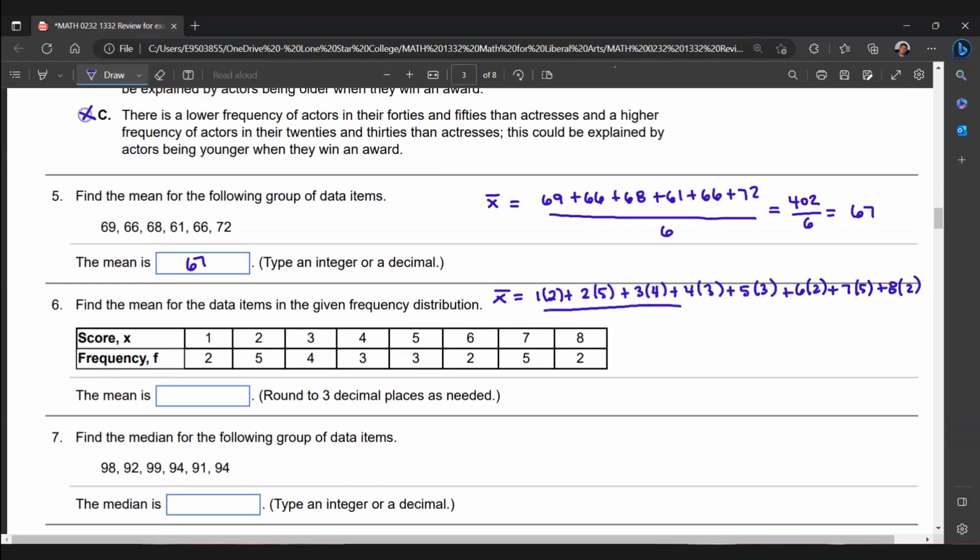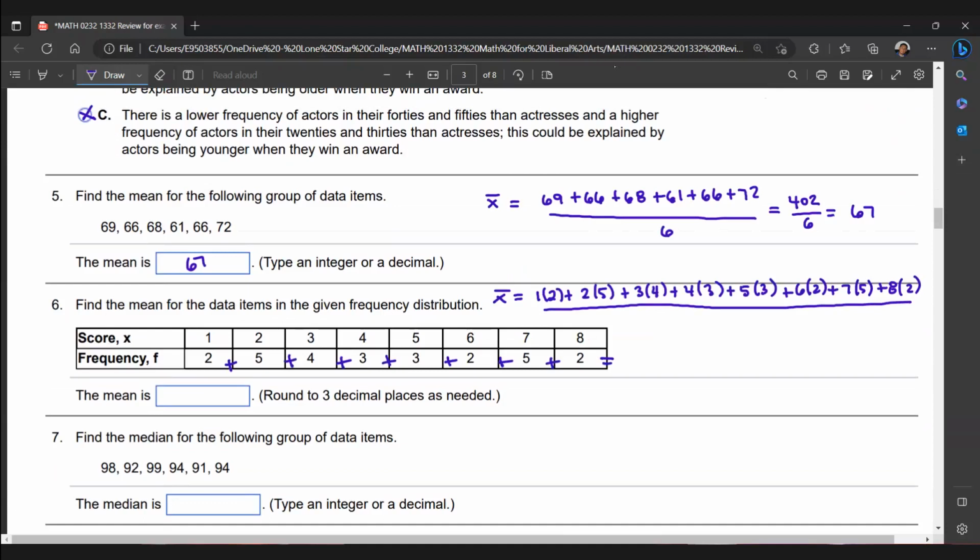All of this divided by the total amount of frequencies, so that would be 2 plus 5 plus 4 plus 3 plus 3 plus 2 plus 5 plus 2.